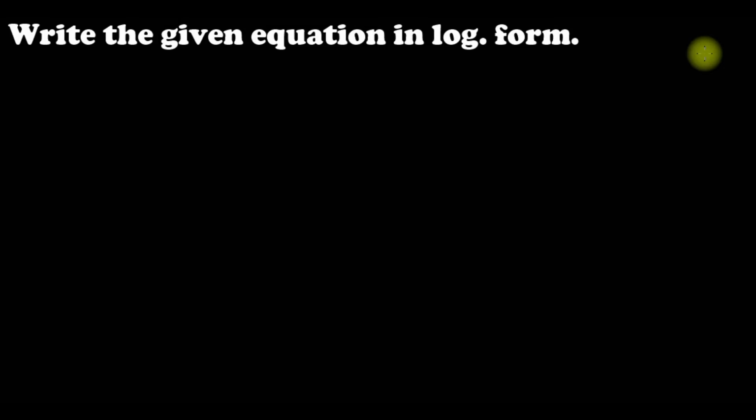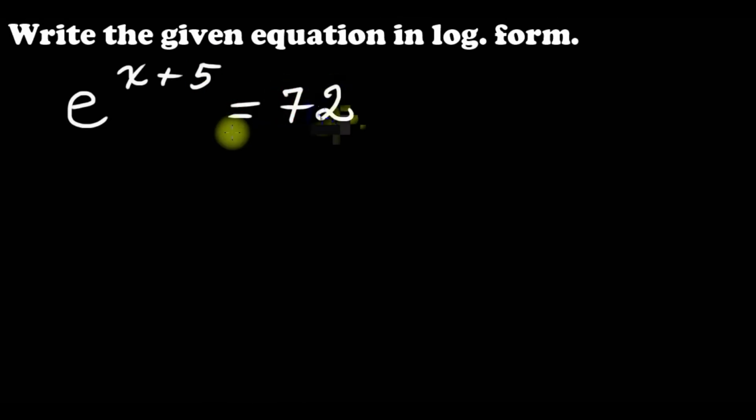So the first one we're going to look at is to write the given equations in log form. So here you're given exponential form with base e. So if I have e to the x plus 5 is 72, and I want to write this in log form, how would I convert this to log form?